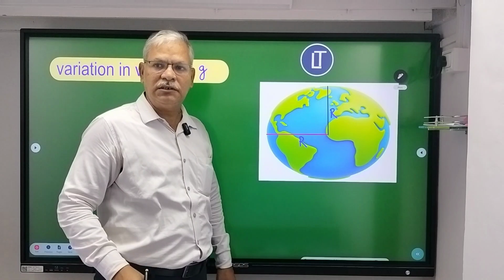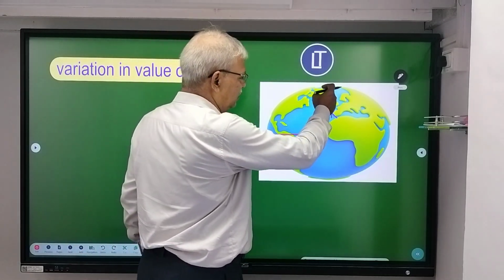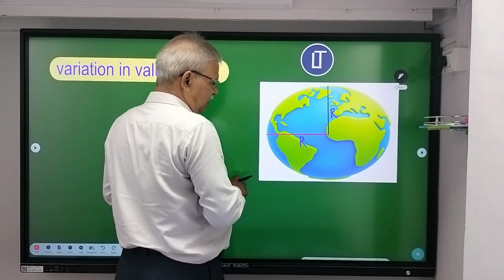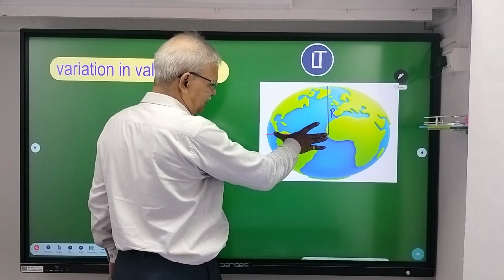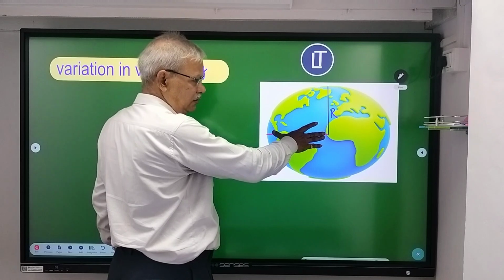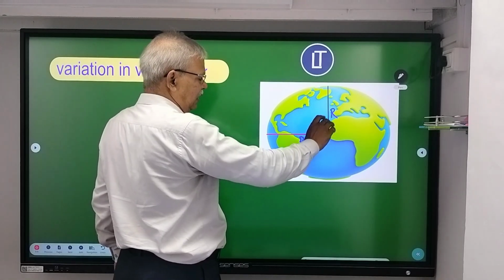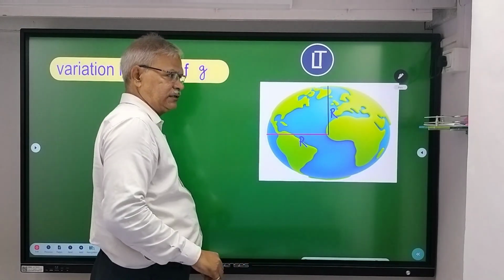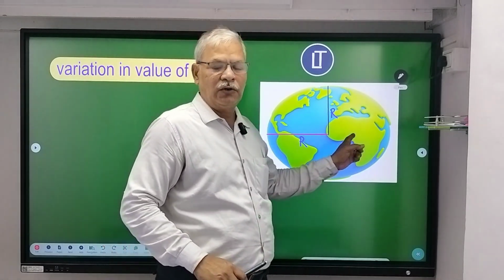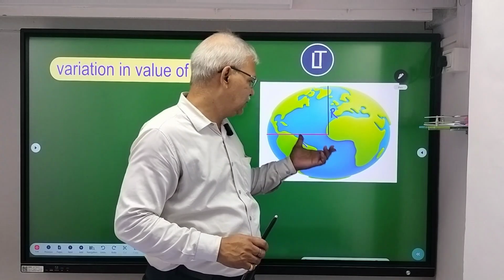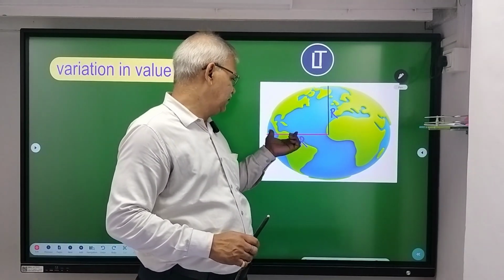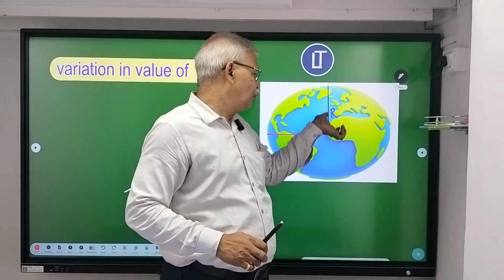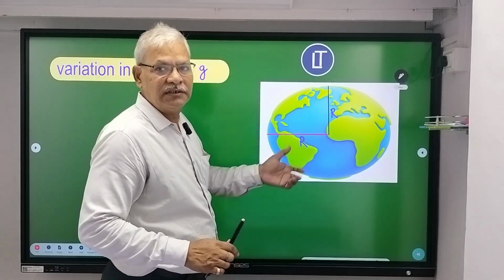The radius of the earth at the equator is larger and radius of earth at the pole is smallest. This is due to the rotation of the earth. Earth bulges at the equator and flattens at the poles. Okay, this is the reason.